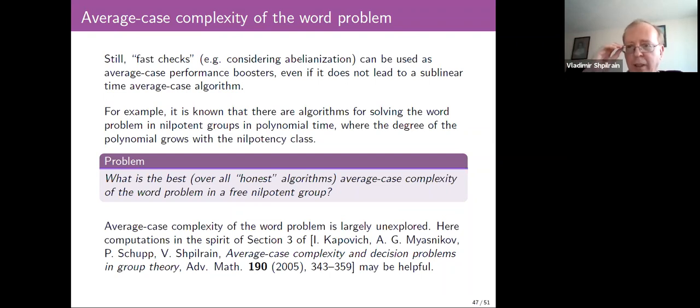Could be linear time, quadratic time, sublinear time, whatever. And then this combined algorithm, where two algorithms are run in parallel, one for the factor group, the other for the whole group, has complexity in class C. So it is lower than the complexity of the algorithm for the whole group G. But there is one subtlety.